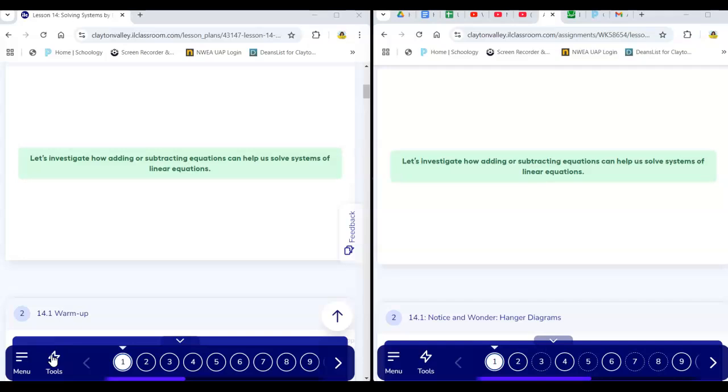So, for the past couple of weeks now, you have been solving equations in two variables and relating that information to a graph and to a table of values.